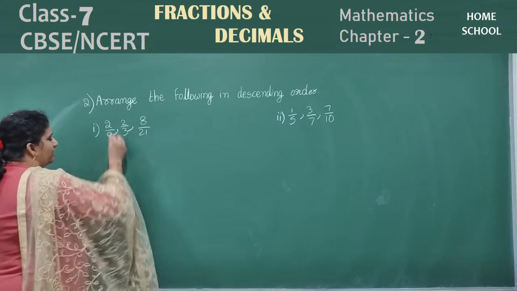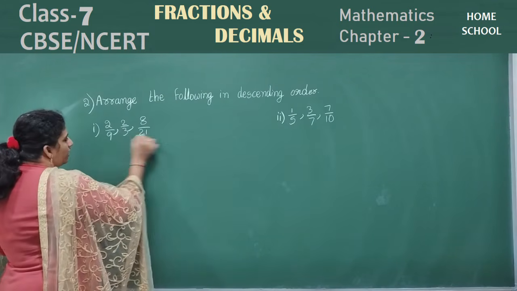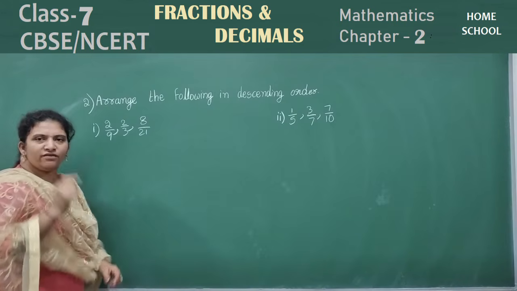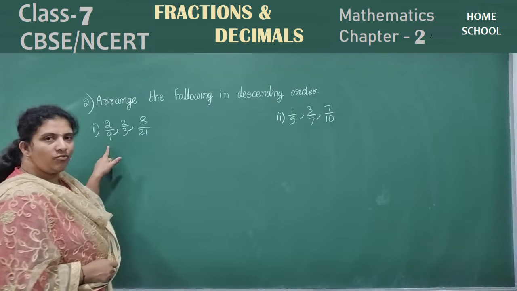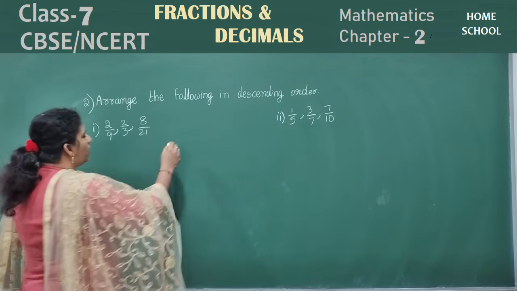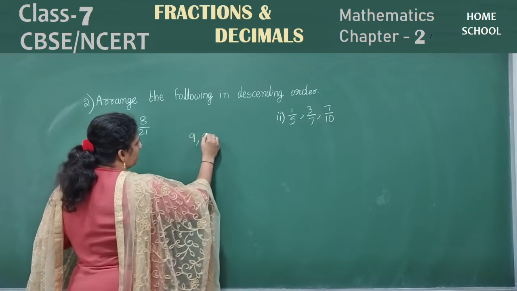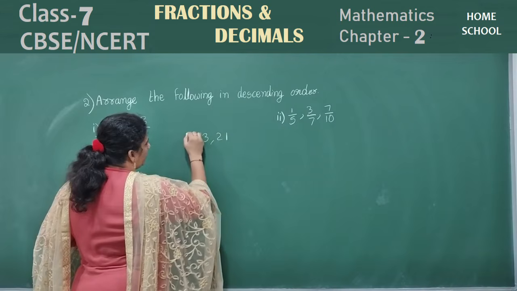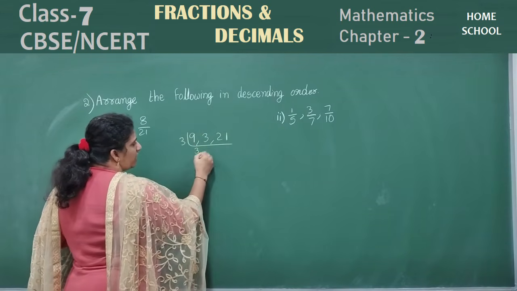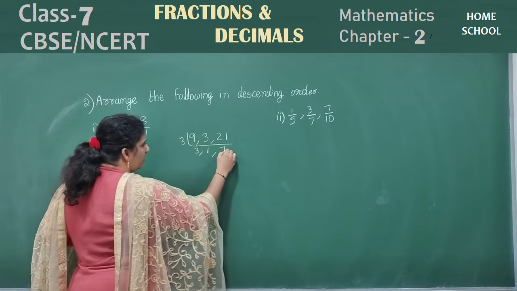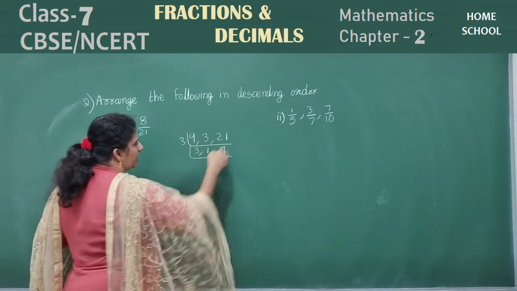So let's see here. In order to arrange, what is your first step, children? First you take the LCM of the denominators. What is the LCM of 9, 3, 21? Find LCM here. 3 3s are 9, 3 1s are 3, 3 7s are 21, right?